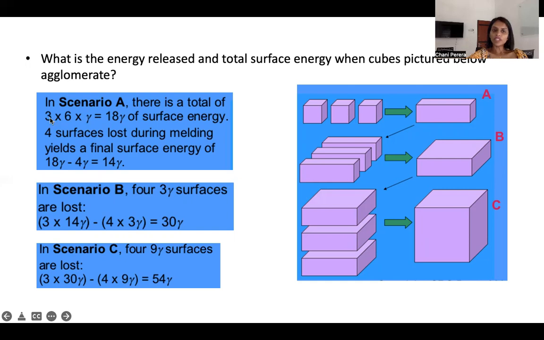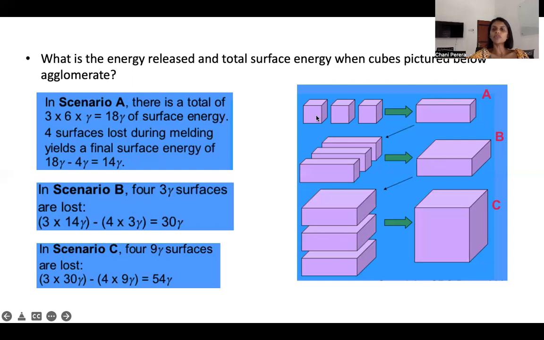So we have 3 cubes, and each cube has 6 surfaces, and each surface has a free energy of gamma. So in total, if we take the cubes separately, it will have 18 gamma of surface energy.